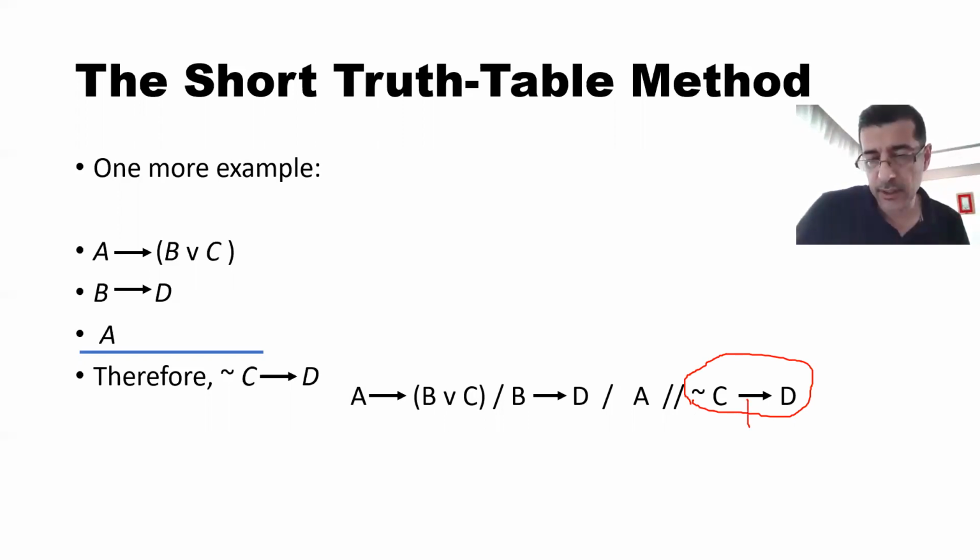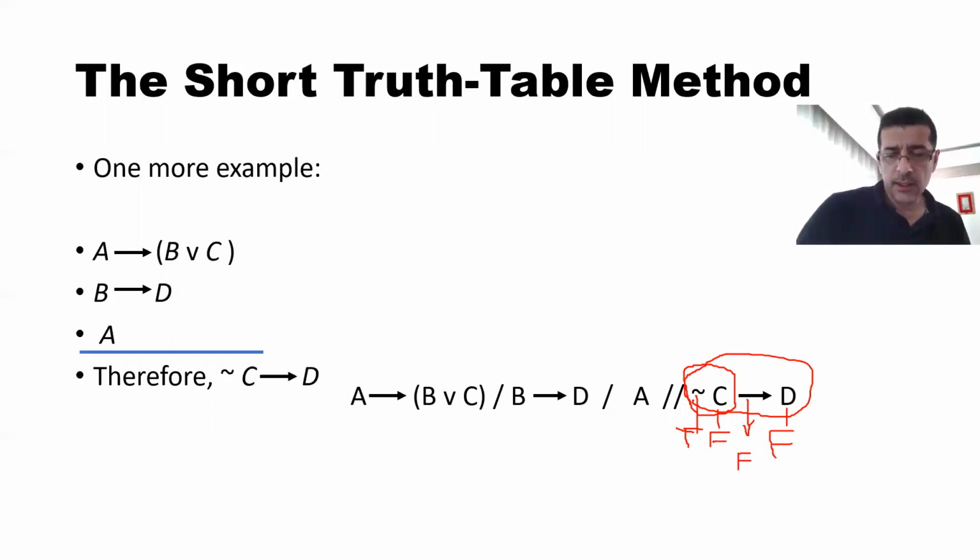This one, right? So this should be false. How can I make this false? Only if this is true and this is false. So let me just write for D, false, okay? And for this, true. So this would be true. It means C will be false, right?